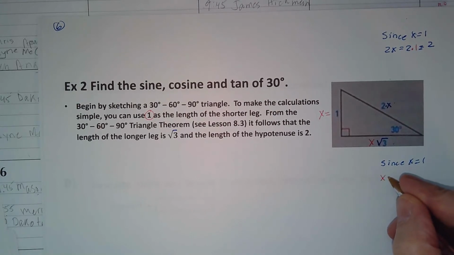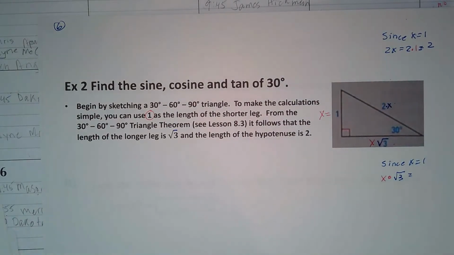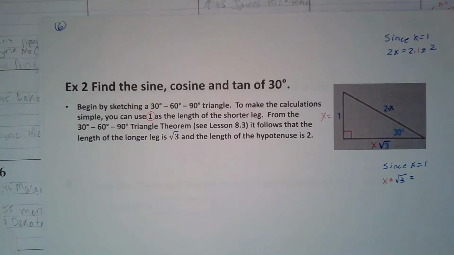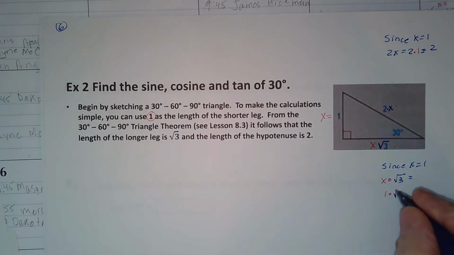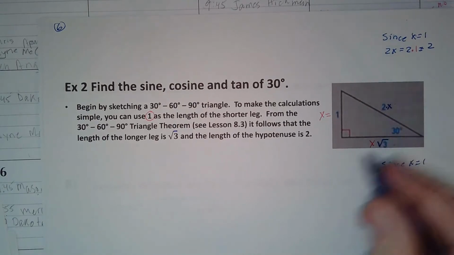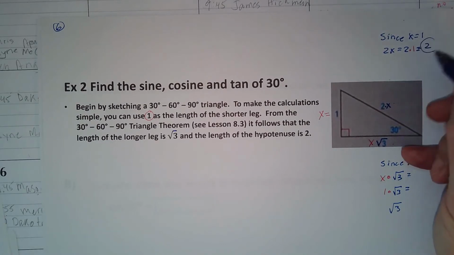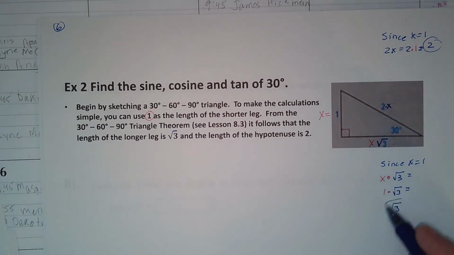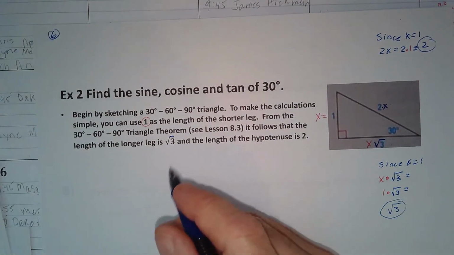X times the square root of 3 equals 1 times the square root of 3, which equals the square root of 3. So now you know why 2x is going to resolve as 2, and x times the square root of 3 is going to be the square root of 3, simply because you're only multiplying times 1.